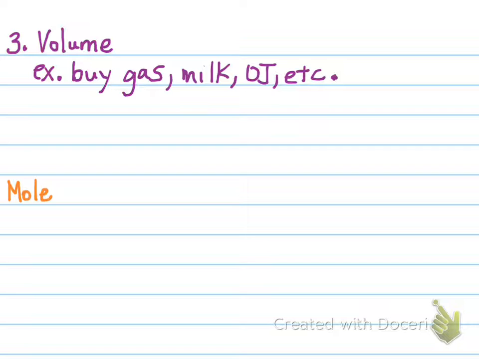My daughter's crazy about apple cider right now, right? So those are all things that you buy by volume, right? You can buy a half a gallon, you can buy a gallon, you can buy a pint, you can buy a quart. Okay, those are all examples of matter that you're measuring by volume. Typically, things we measure by volume tend to be liquids because it's oftentimes easier to measure them by volume.